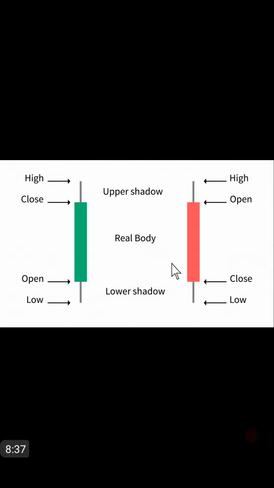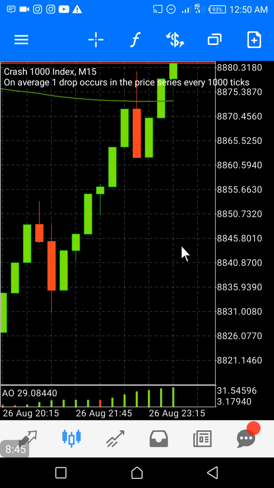Now let's go to the chart and see some examples and then close for today. I don't want this video to be too long. Now look at this, for example. This is a bullish candle, but this is giving information. Look at this part now.